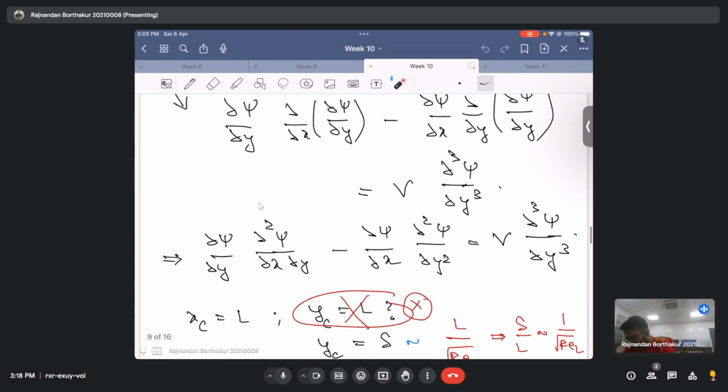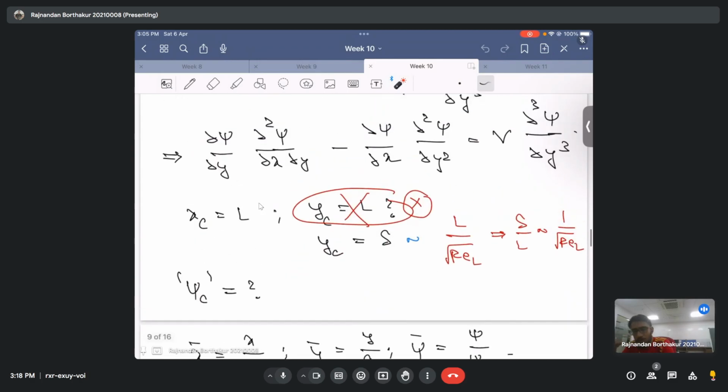And then we looked into the scaling analysis of the terms, let's say the x direction displacement, or the characteristic length in the x direction, and the characteristic length in the y direction.